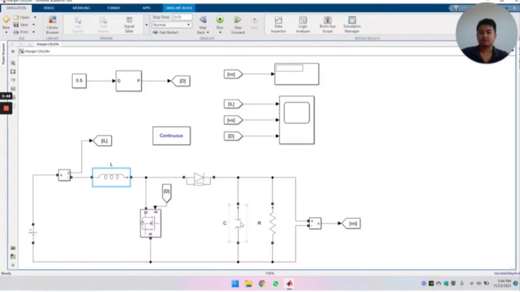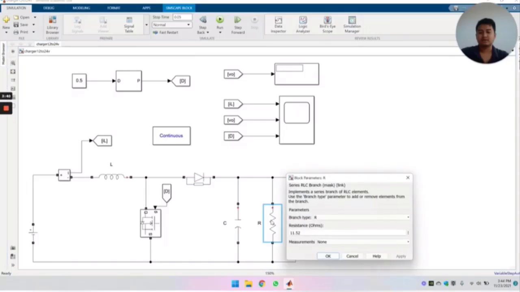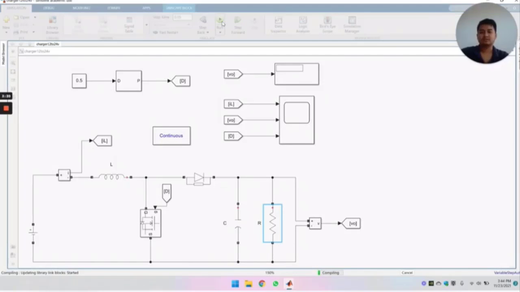Then for capacitance, the value is 270.01 micro. The value of resistance is 11.52, and we can run the simulation.